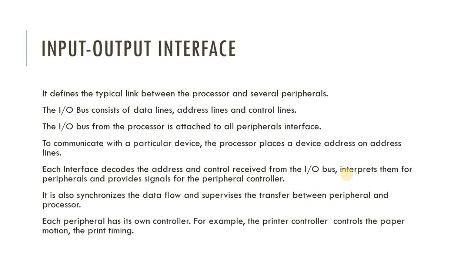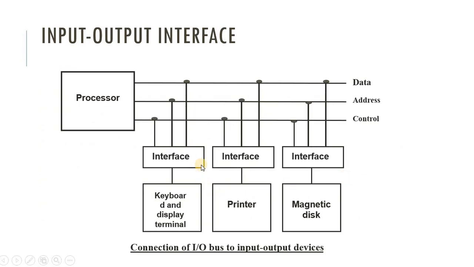Each peripheral has its own control. For example, the printer controller controls the paper motion and the printing timing. So after decoding the address, the particular signal is provided to the particular peripheral device, because the work of each and every device is different.